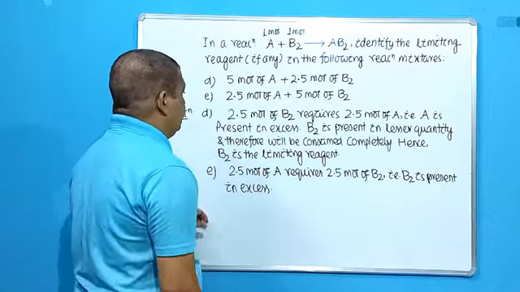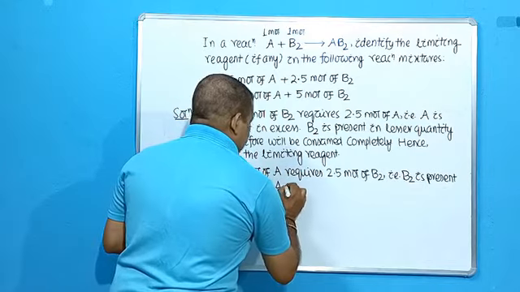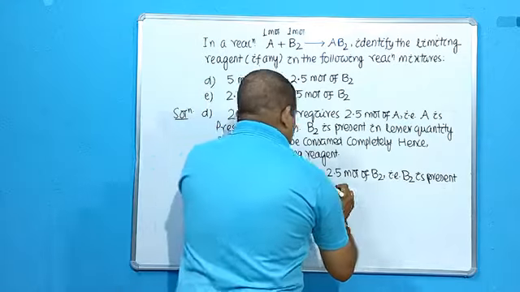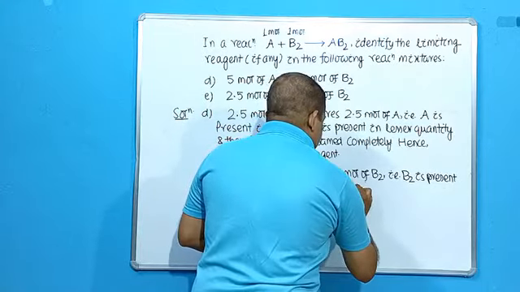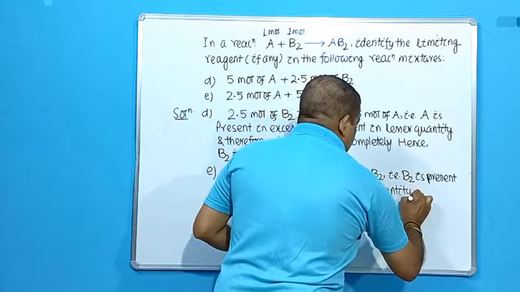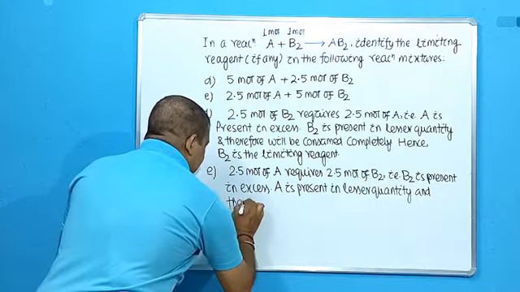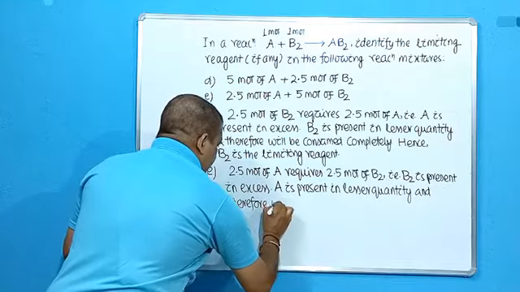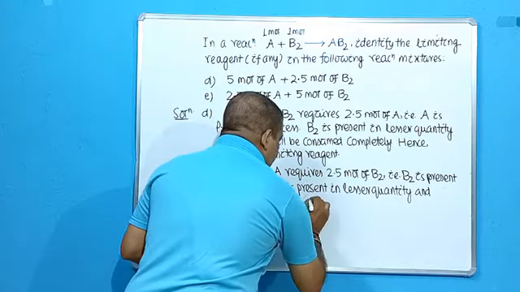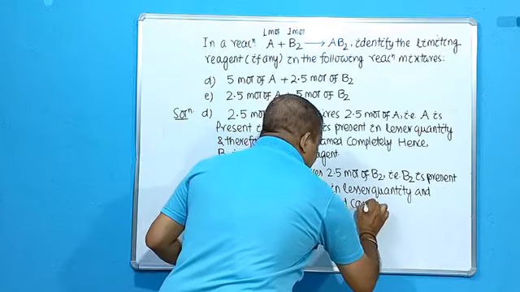Which is present in lesser quantity? A is present in lesser quantity, and therefore it will be consumed completely before the reaction is completed.